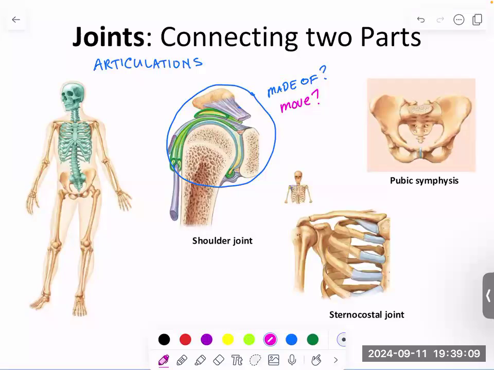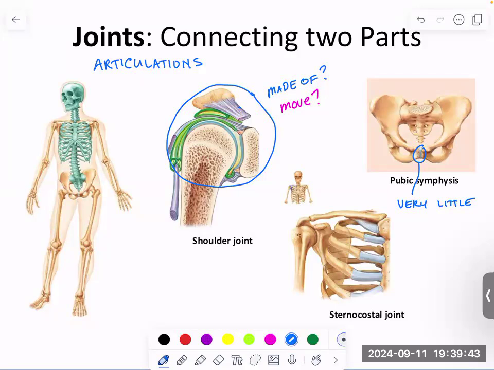The shoulder joint, it moves a lot. Think about your shoulder, it has a wide variety of locomotion across that joint. You have some joints that move very little, like your pubic symphysis. Very little. That's pretty much like if you fall, it moves a little bit just to help take in that pressure, that force of the fall.